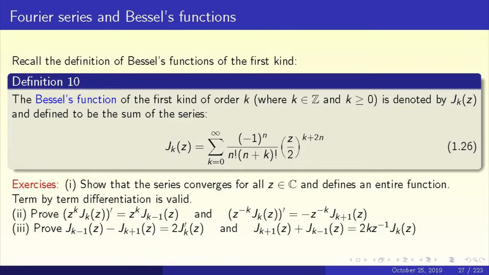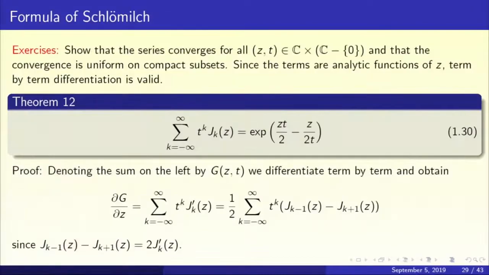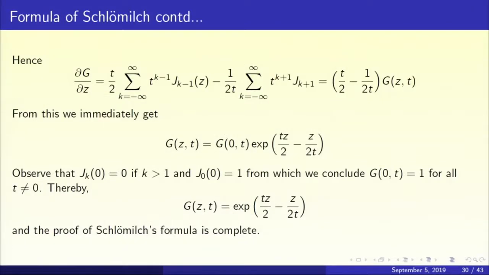So J_0(0) is 1 and J_k(0) is 0 when k is 1, 2, 3, etc. So we get g(0,t) is straight away 1 and we get the formula g(z,t) equal to exponential of (tz/2 − z/(2t)). And the proof of Schloemilch's formula is complete.